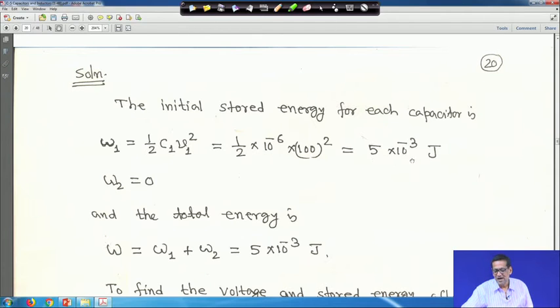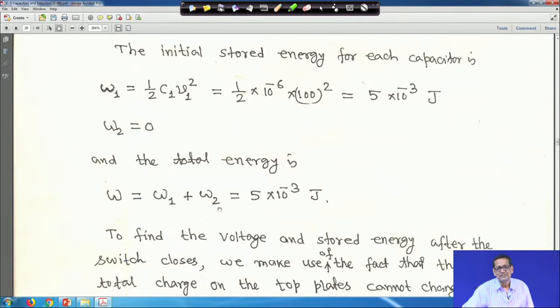It comes to 5 into 10 to the power minus 3 joule. In the second case, voltage V2 was 0, so half C2 V2 square means 0. Therefore, total energy W is equal to W1 plus W2, that is 5 into 10 to the power minus 3 joule. This is the value.